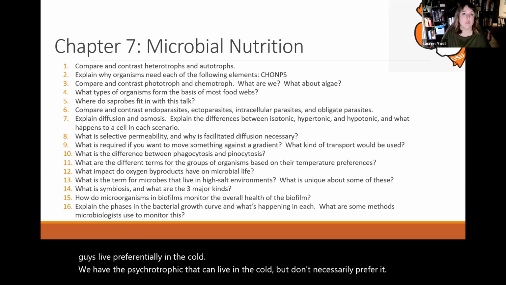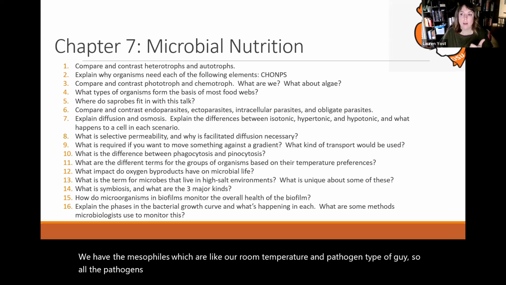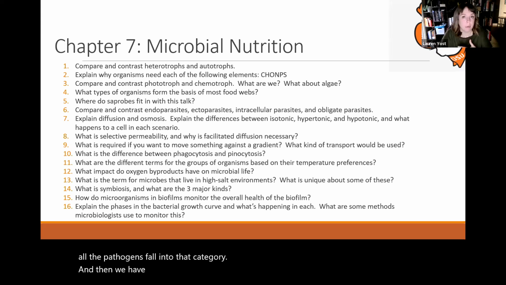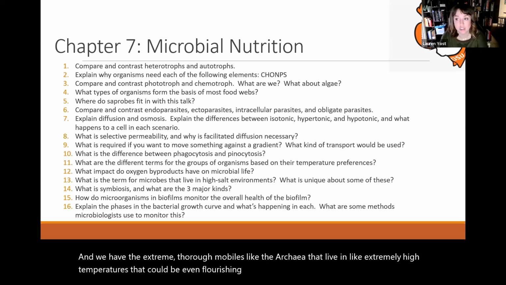We have the mesophiles, which are our room temperature and pathogen type of guys. All the pathogens fall into that category. And then we have the thermophiles that like the higher temperatures. And we have the extreme thermophiles, like the archaea that live in extremely high temperatures, even flourishing above boiling temperatures.